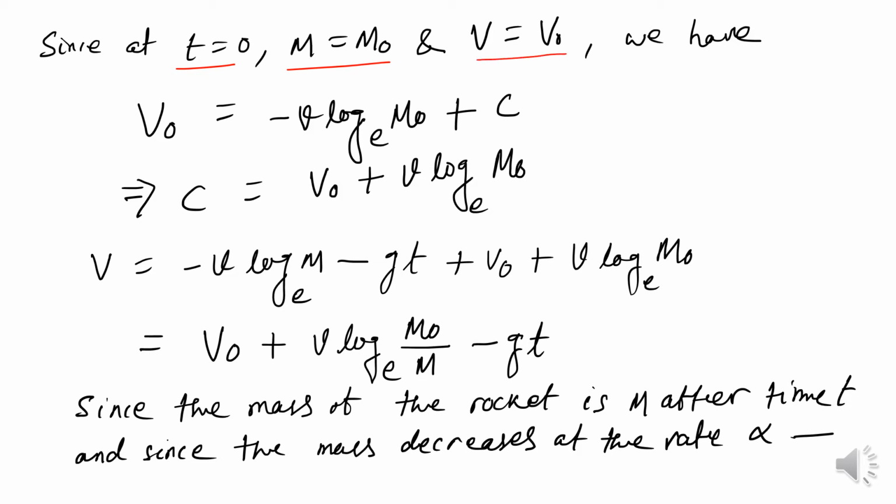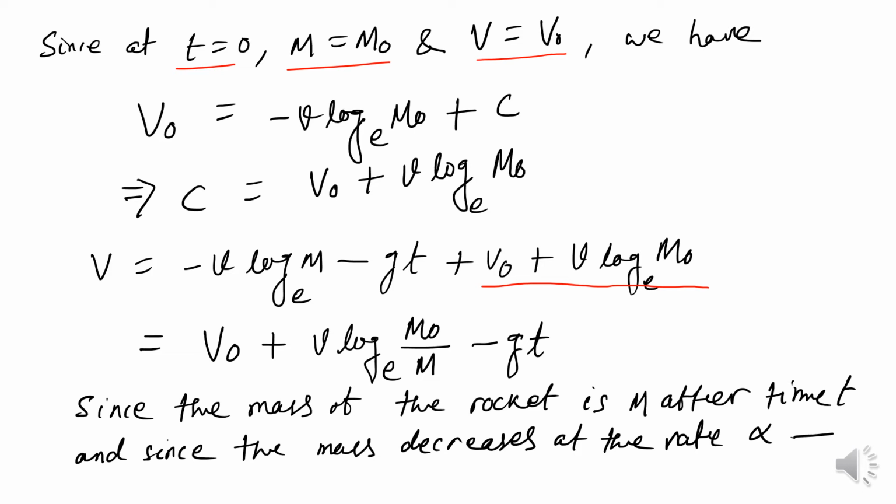We have V0 equal to minus v log M0 plus c. So c is equal to V0 plus v log base e M0. Then V is equal to minus v log base e M, minus gt, plus the value substituted for the constant of integration, which is found to be V0 plus v log base e M0. So V equals V0 plus v ln(M0/M) minus gt.